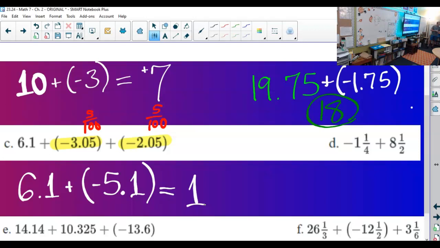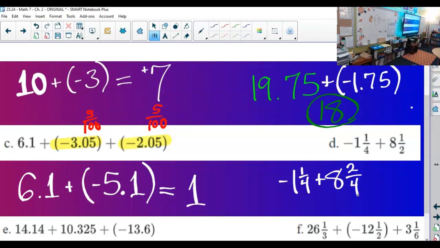Absolutely. We have to turn the 1 half into 2 fourths. We can add them. So either we got to switch to common denominators or decimals. You could switch to decimals if you like decimals here. But negative 1 and 1/4 plus 8 and how many fourths would this be? 2 fourths, right? Because we double the top and double the bottom.